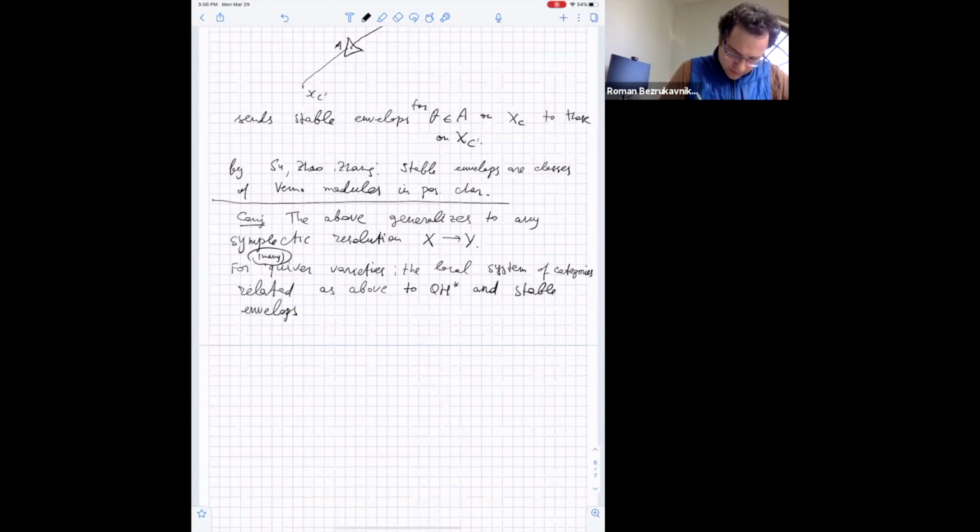So this is a theorem in progress with Okounkov.